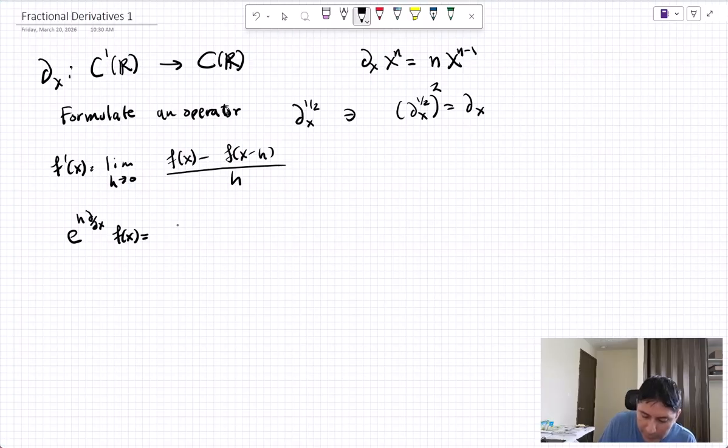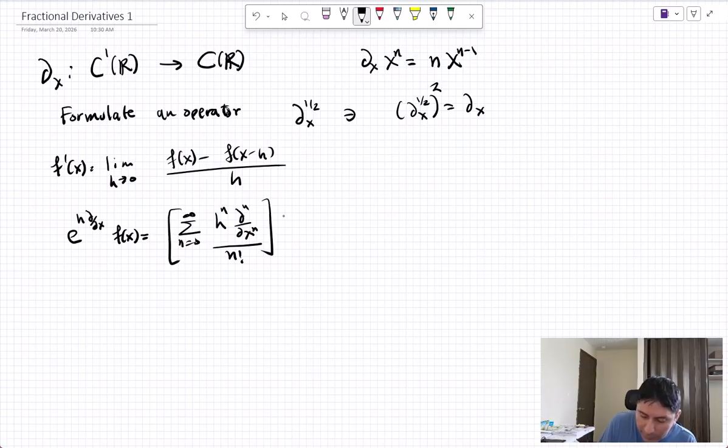Let's do the details. The definition of the exponential is the sum from n equals 0 to infinity of h to the n, times the derivative operator itself applied n times, divided by n factorial.